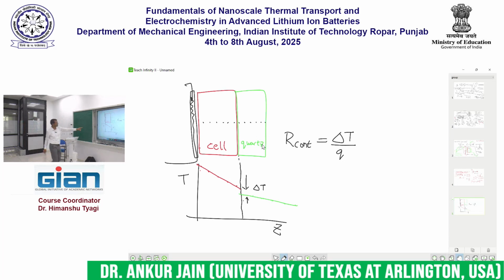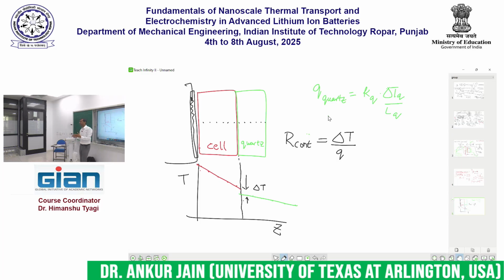If I measure the slope of the temperature profile in the quartz, what will that give me? Q quartz is equal to K quartz times delta T quartz divided by L quartz, which means that by placing a standard material next to the cell, I am able to measure the heat that flows through the quartz, right?